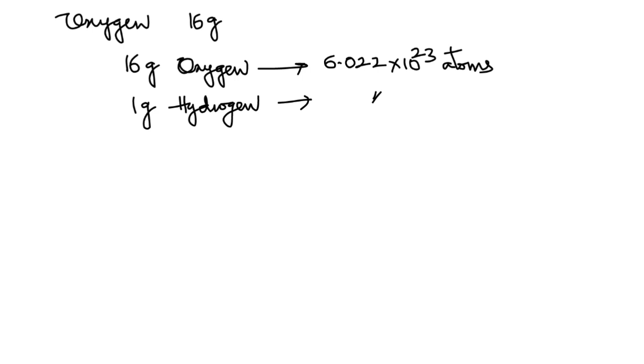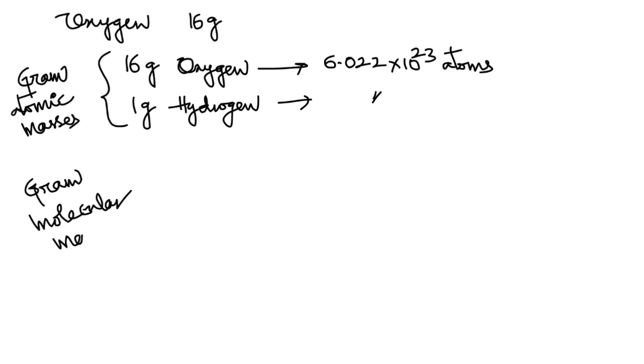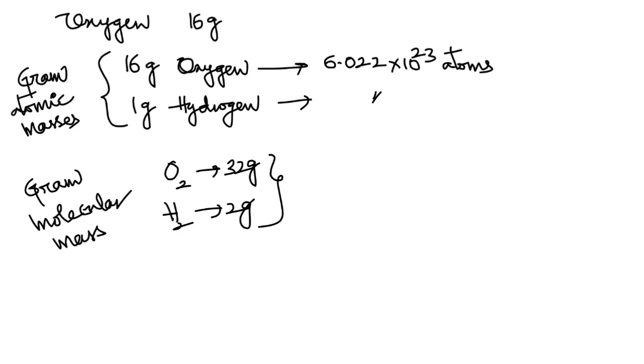These two are gram atomic masses. If you consider gram molecular mass, then the molecular mass of oxygen is 32 grams and of hydrogen is 2 grams, and these two also contain 6.022 into 10 power 23. But here the particles are molecules.